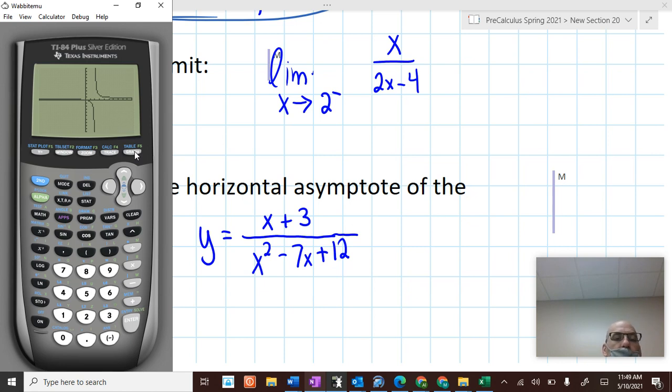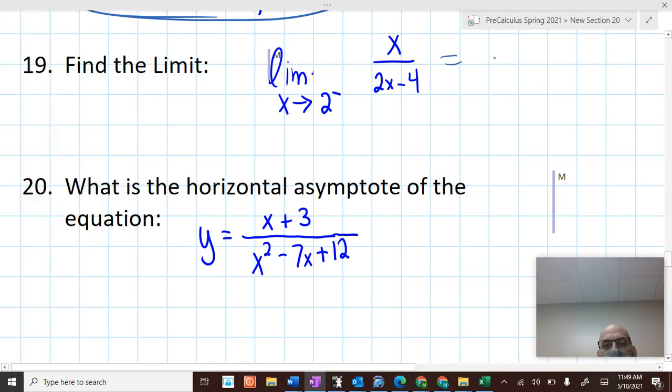So as we're going towards 2 from the left, what happens to the graph? Where does it go? Down to negative infinity.